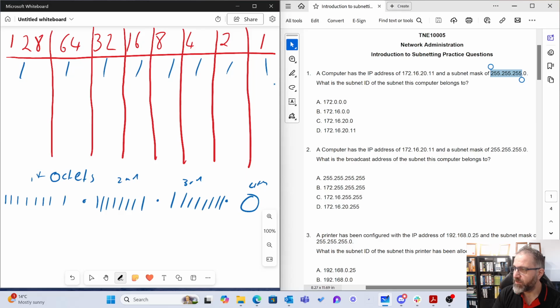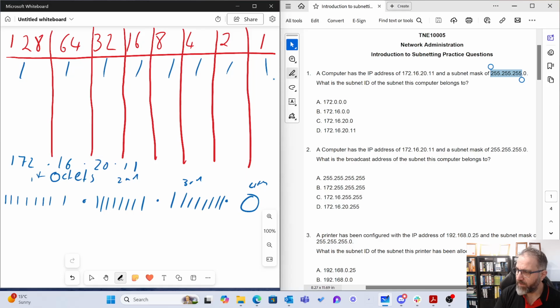So let's work out what 172 is. 128 is 1, so that's the network mask, and we're looking for 172.16.20.11.